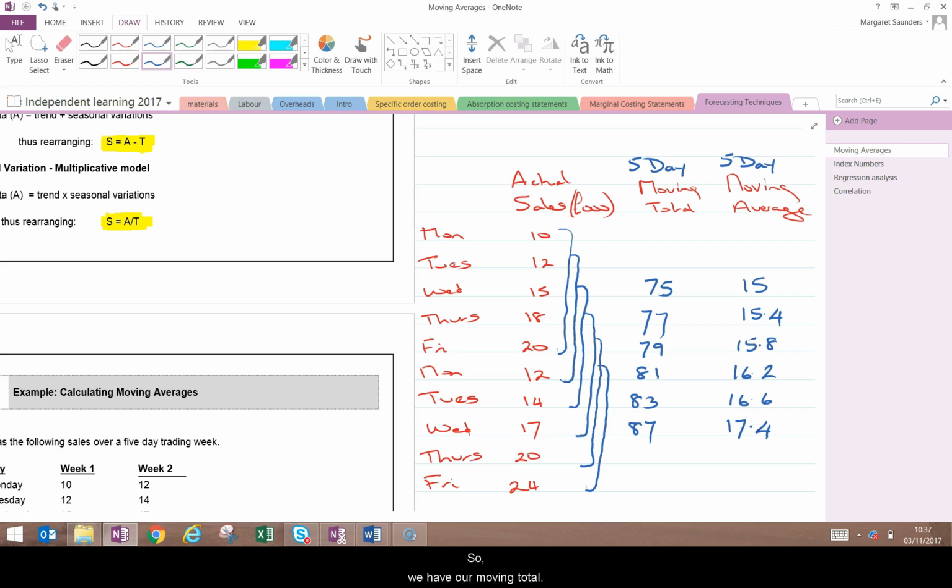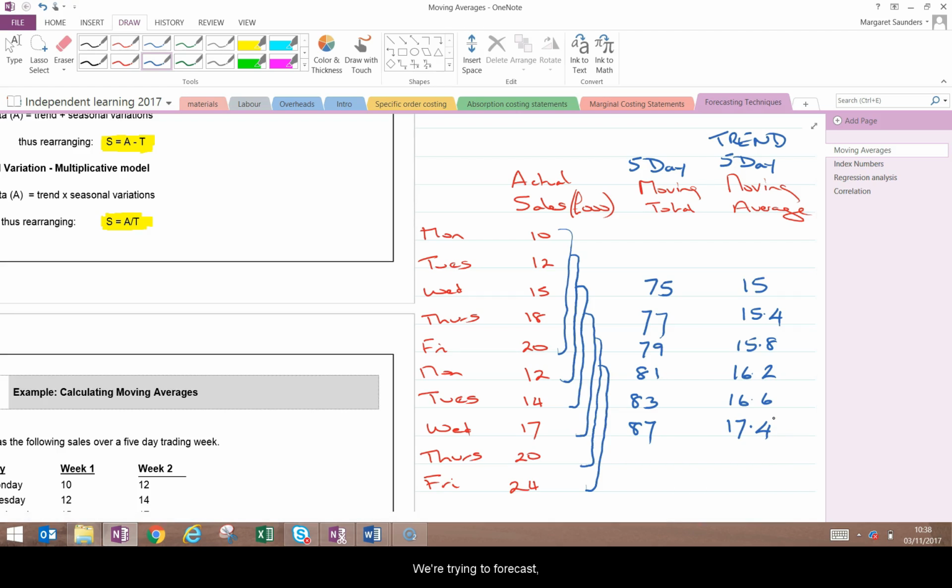So we have our moving total, we have our moving average. The moving average is the trend. So we now have calculated our trend. And if we look at that trend, we can see that there is a general increase.